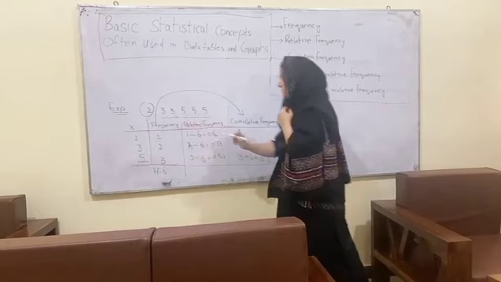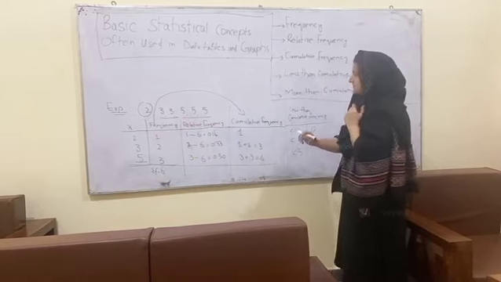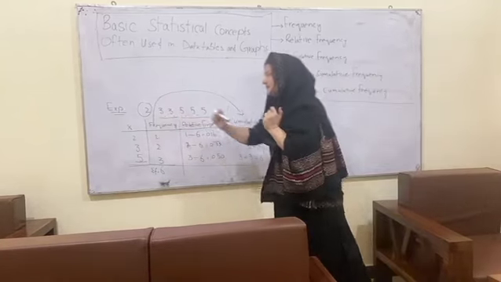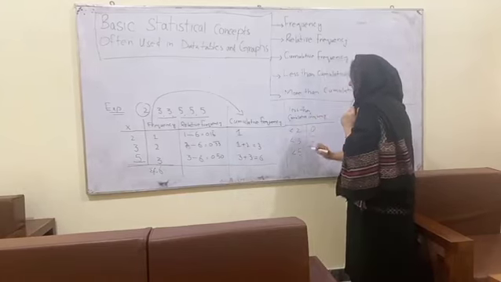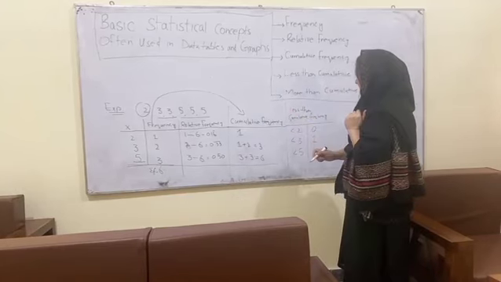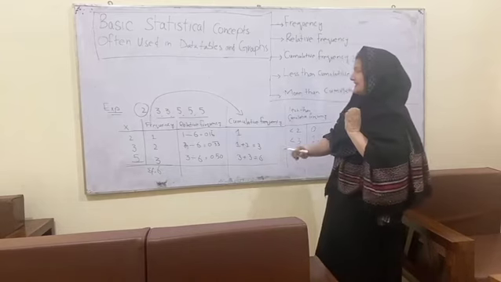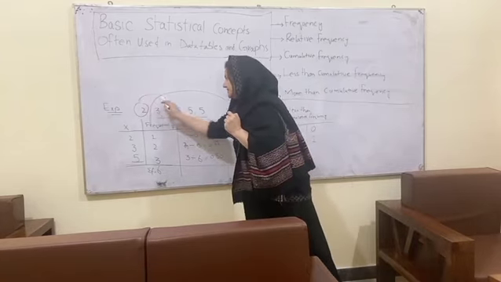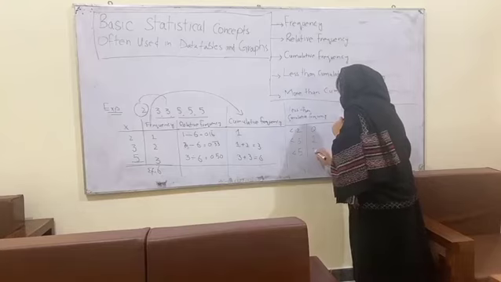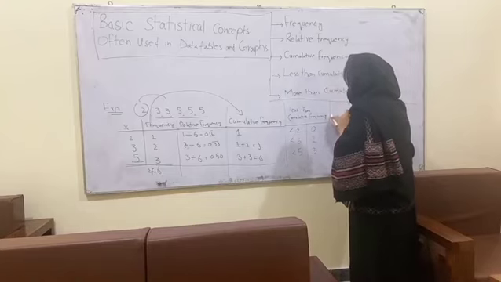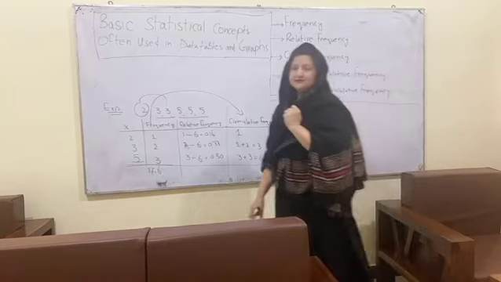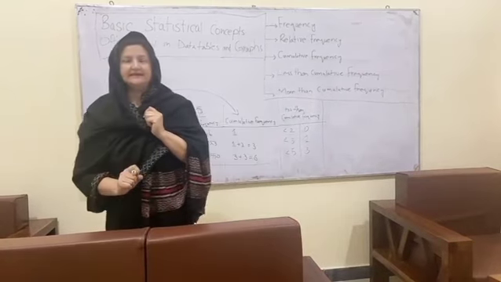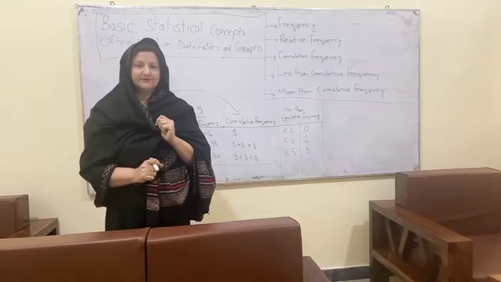Total values less than 2 are 0, total values less than 3 are 1, there is only one value less than 3, and total values less than 5 are these 3. So this is about less than a particular value.